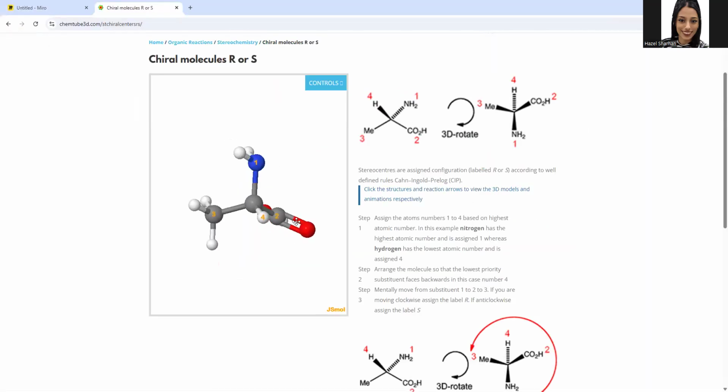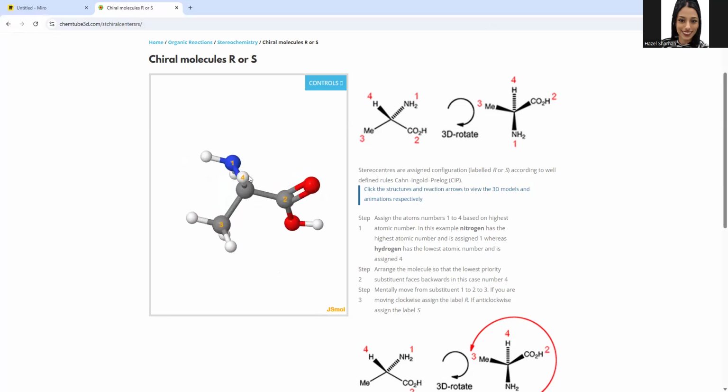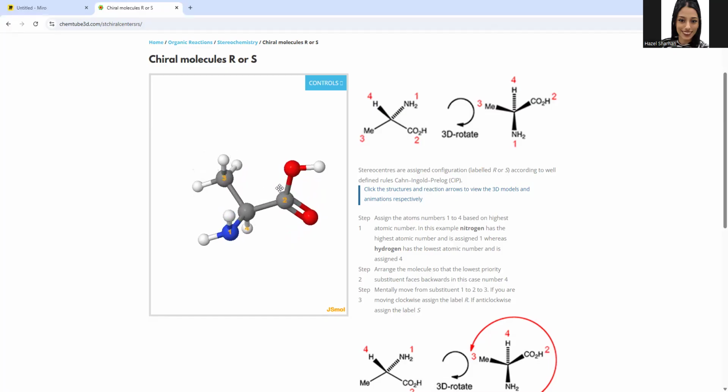Something else I wanted to show you is what we're basically supposed to be seeing. This is just an R, R, S configuration. When they say dashed, if it's dashed, it should always be facing away. Let's look at the numbers really quick. With the 4 facing away, the 1 is on the bottom left, 2 is on the right, 3 is on the top.